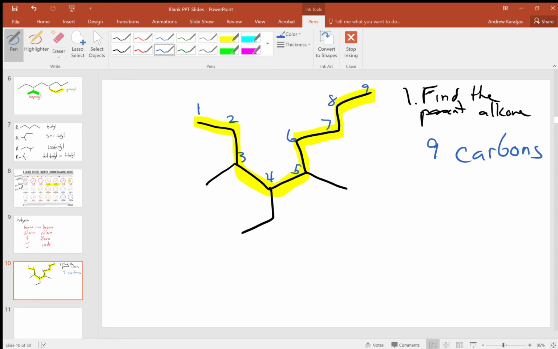So this means in the end that this chain is 9 carbons, and nonane is the parent alkane for this molecule. Alright, so that gives us the first piece.